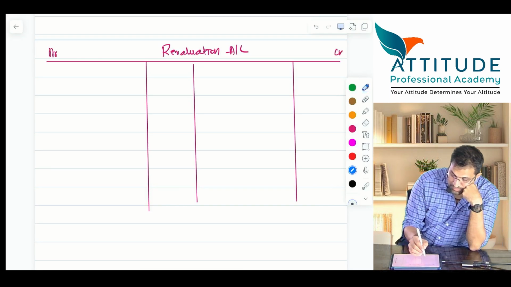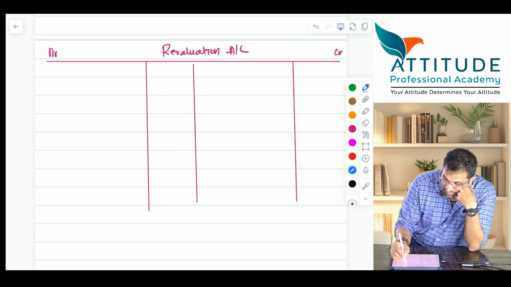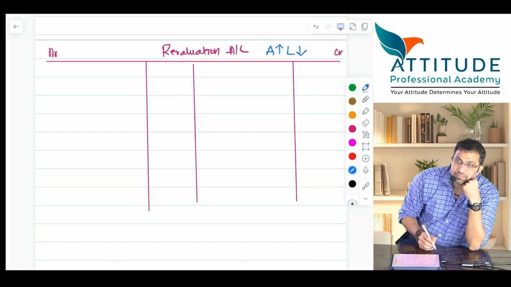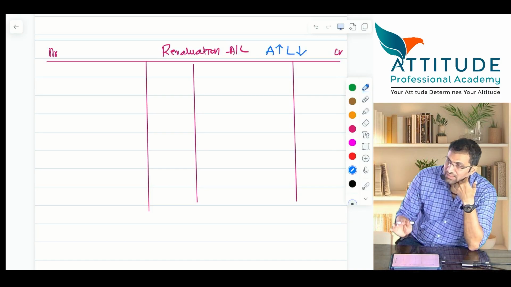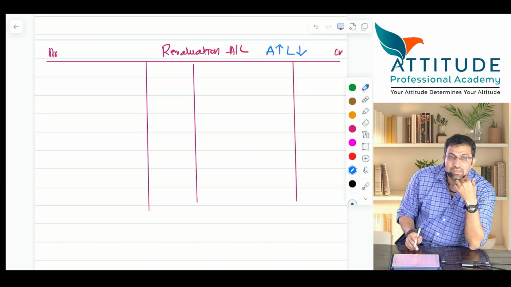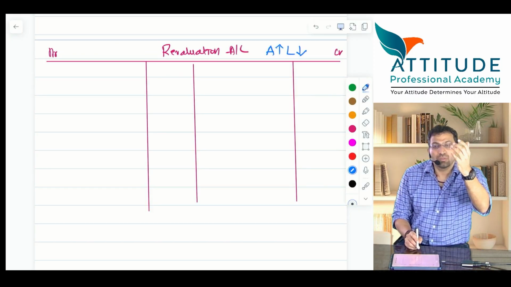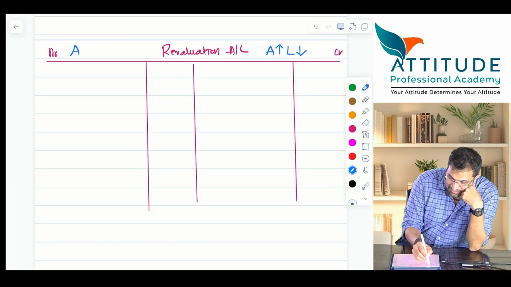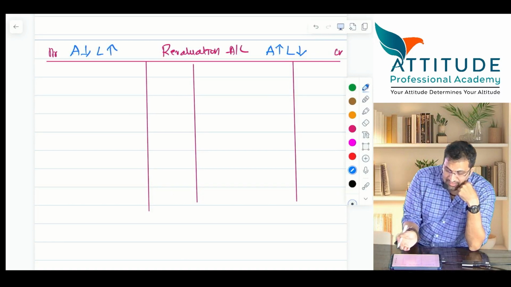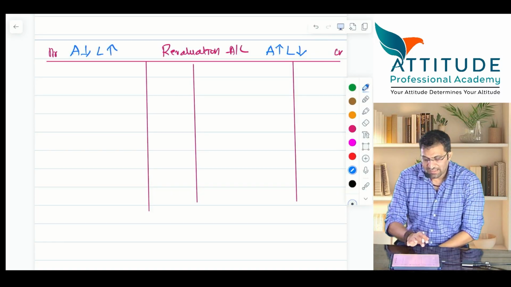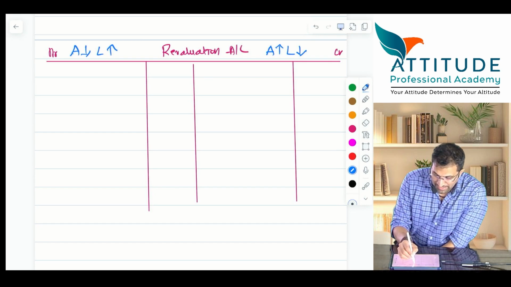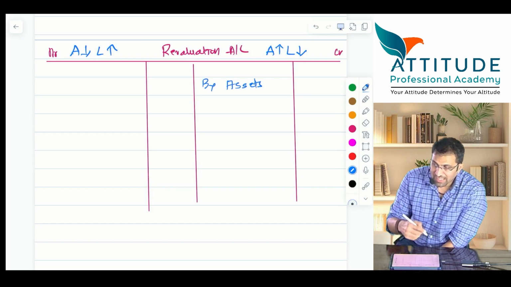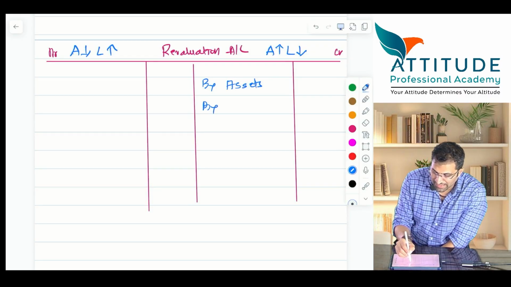See, credit side means either an asset is increasing or a liability is coming down. If an asset increases or a liability comes down, credit revaluation. Understood or no? And if an asset decreases or a liability increases, then it should be debited. So the credit side is all profit. Example, if I write here 'by assets', what does it mean? Assets have increased. 'By liabilities', what does it mean? Liabilities have reduced.